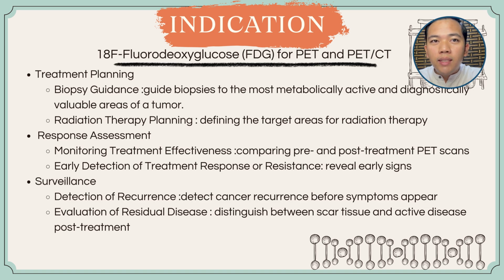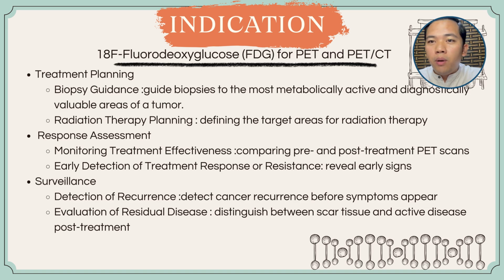For biopsy guidance, a PET scan can guide a biopsy to the most metabolically active and diagnostically valuable area of tumor. For radiation therapy planning, PET imaging helps to define the target area for the radiation therapy, ensuring the maximum dose to the tumor while sparing the healthy tissue.